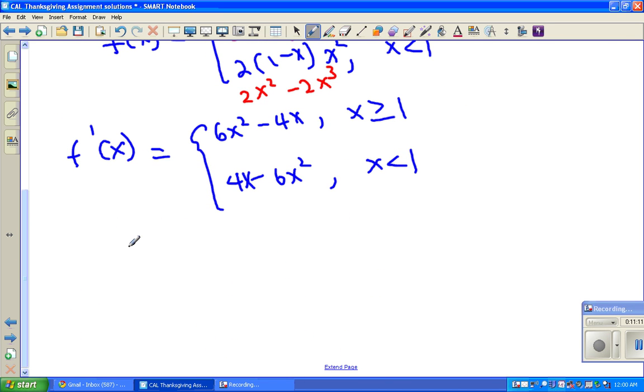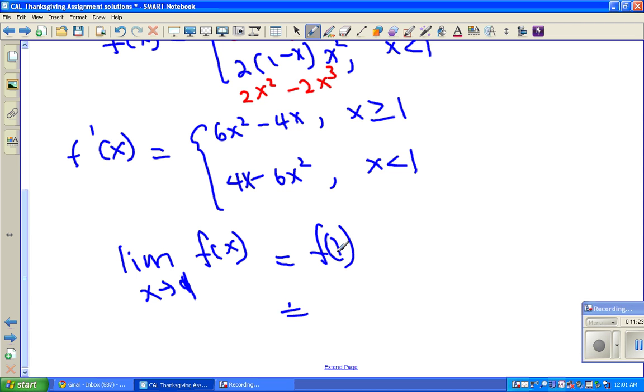In order for us to see that, we have to realize the limit of f of x as x approaches 1 should be equal to f of 1. When x is equal to 1, we can use this value, which will be equal to 2. But how about the limit of f of x as x approaches 1?